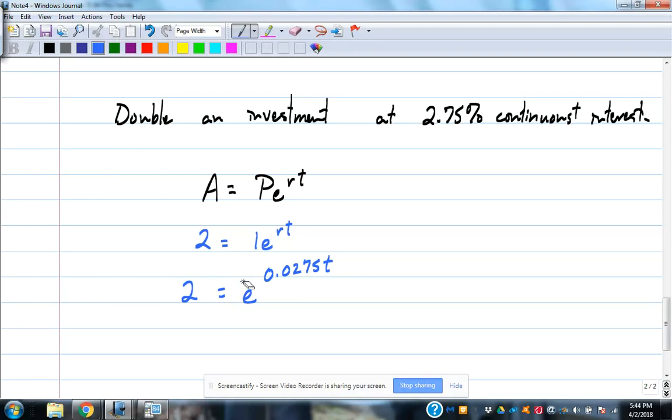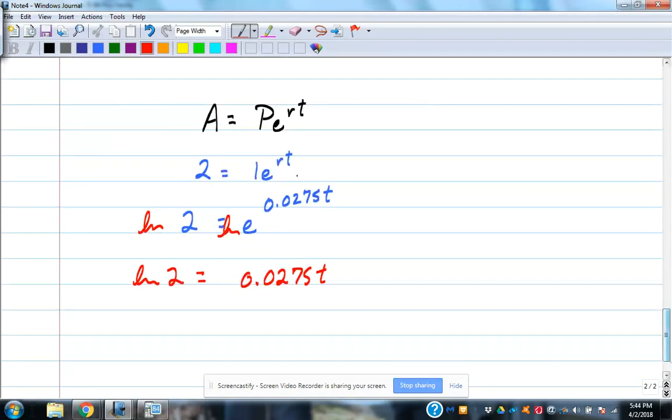How do I get my answer here? How do I get the t out of the exponent? Log. Which log? Natural. Why? Because it cancels out the e, right? So that's natural log of 2 equals 0.0275 t. Because the natural log cancels out the e.